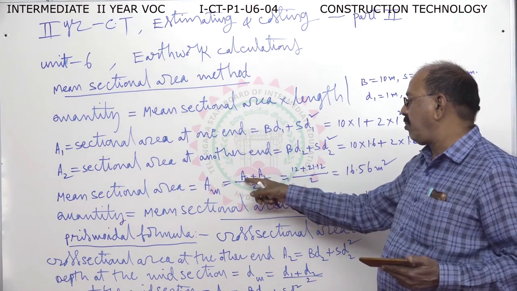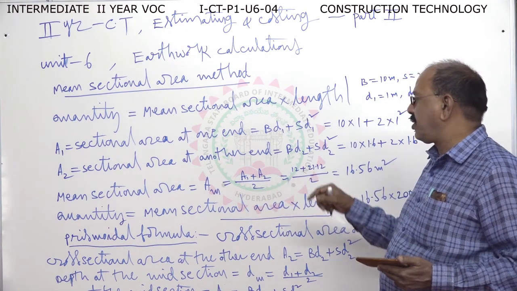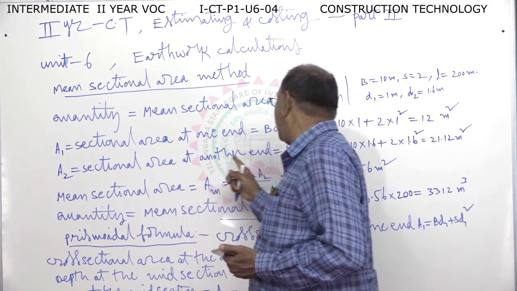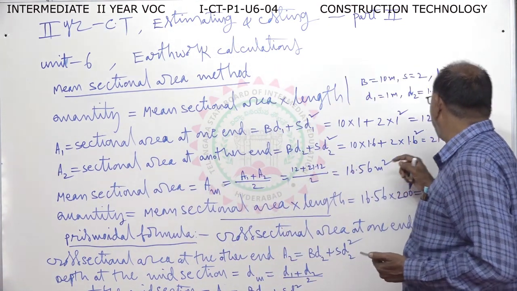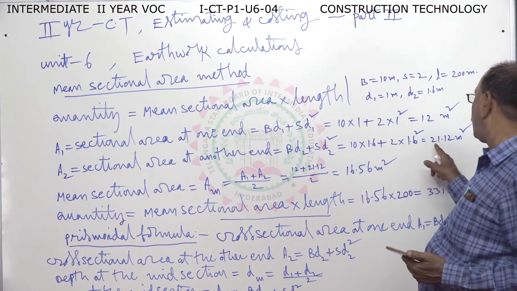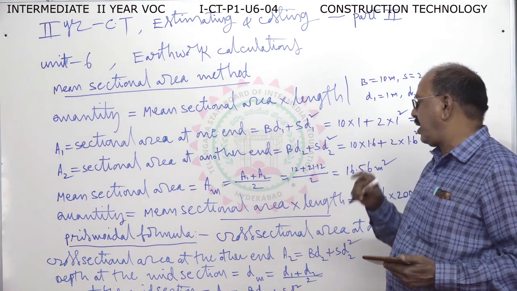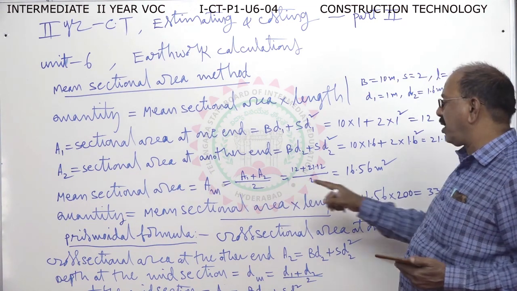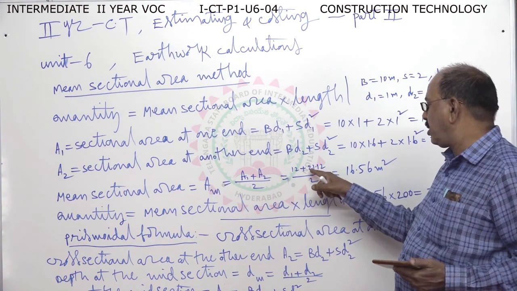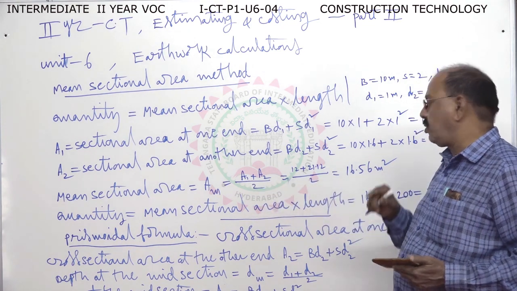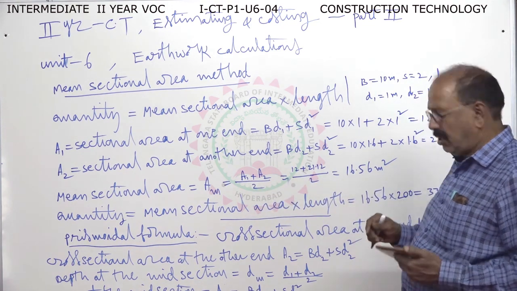Substitute that 12 in the place of A1. Plus A2, sectional area at another end. That also we have calculated, 21.12 meters square. In the place of A2, substitute 21.12, divided by 2. Now we'll do the simplification.